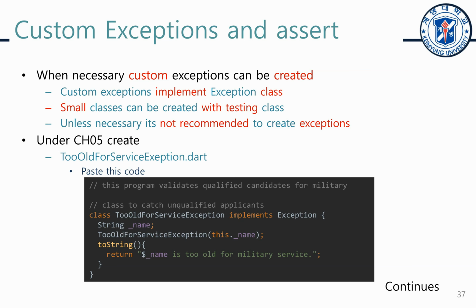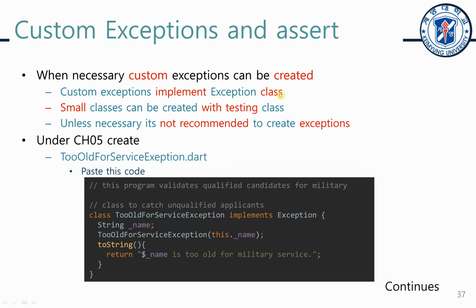But what if there is no exception at all? When there is no exception at all, you can create your own custom exception. Okay, and with your custom exception, you can use the assert value. For instance, the custom exception implements the exception class.